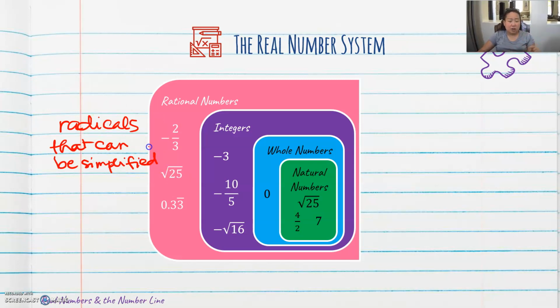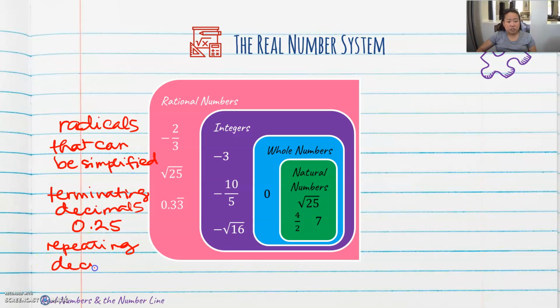That's included as a rational number. Repeating decimals are okay, and definitely terminating decimals are also included here. So let's say 0.25. The decimal stopped. So that's a rational number. And decimals that are repeating.